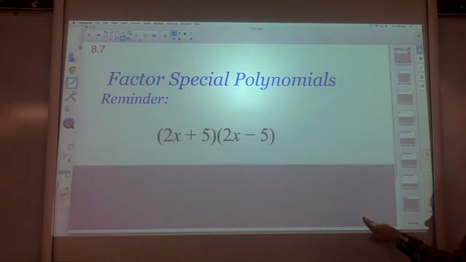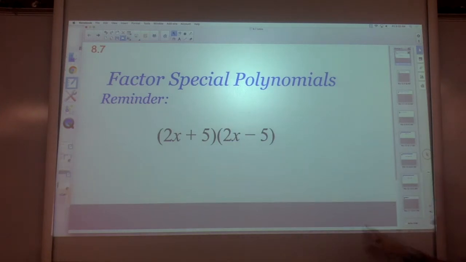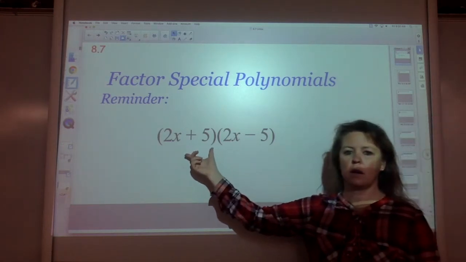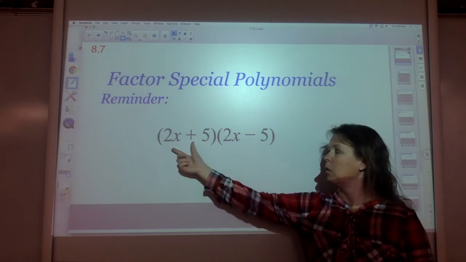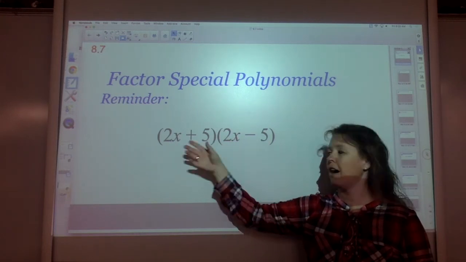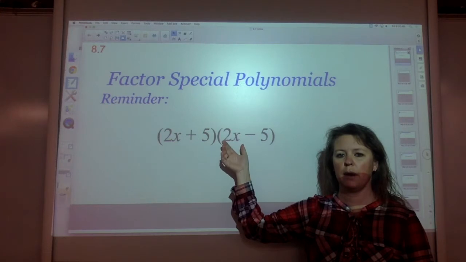So we'll do a reminder of what it looked like back when we did 2x plus 5 times 2x minus 5. The reason why it was special is because both of these factors look almost identical, with the 2x and the 5 and the 2x and the 5, but one's a plus and one's a minus.